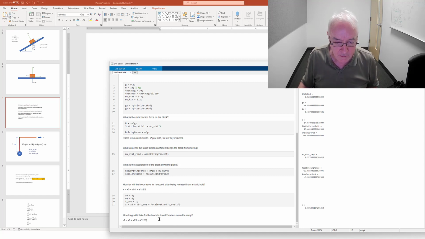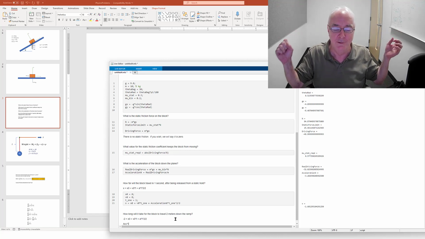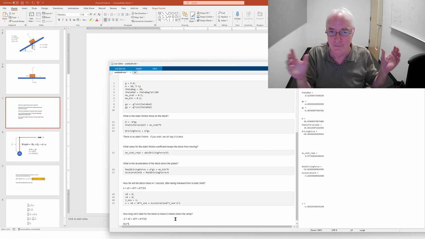I'm going to rewrite this a little bit. I'm going to call it ACC for right now, times t squared, because as we get into quadratics, of course, we like to use a, b, and c as the coefficients in the terms, and we know minus b plus or minus the square root of b squared minus 4ac and all that.